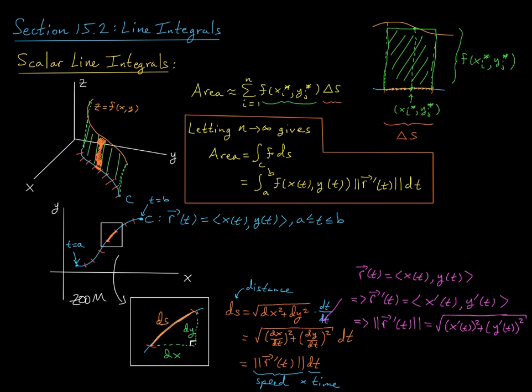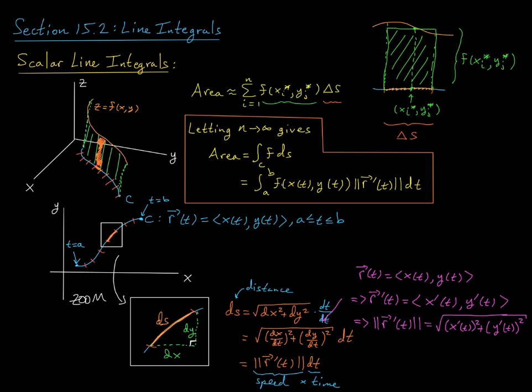Now, how do we actually go about computing that? Well, for our function f along this orange curve, we're going to just feed the function f the components of our vector function r, because these component functions describe the points along C, and I want to evaluate this function f at those points.